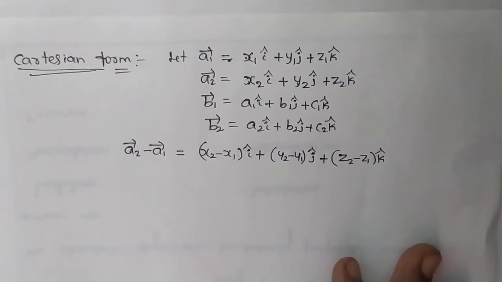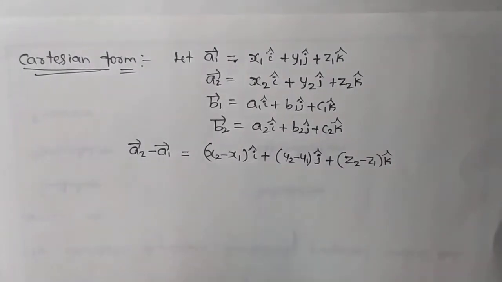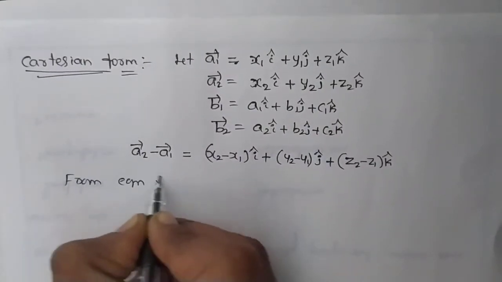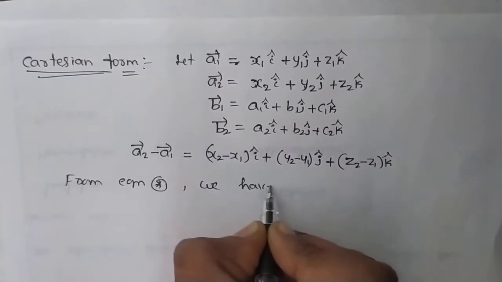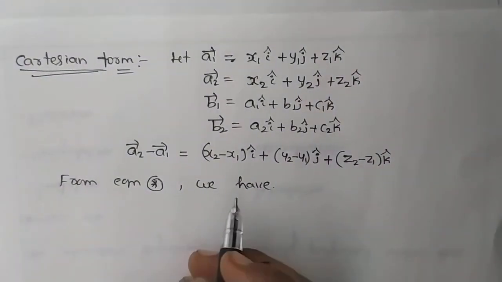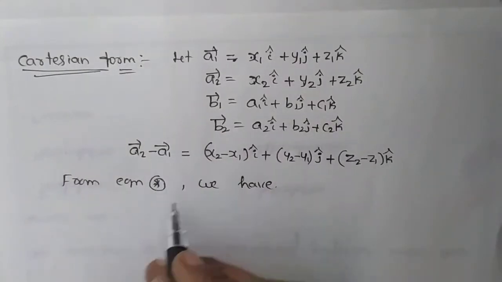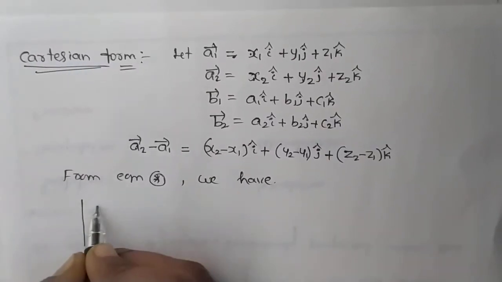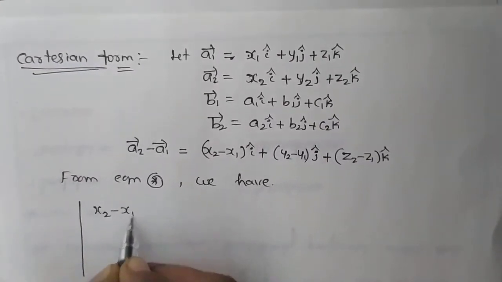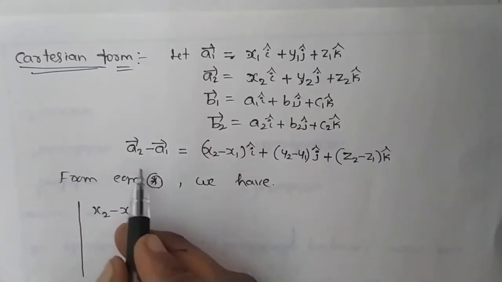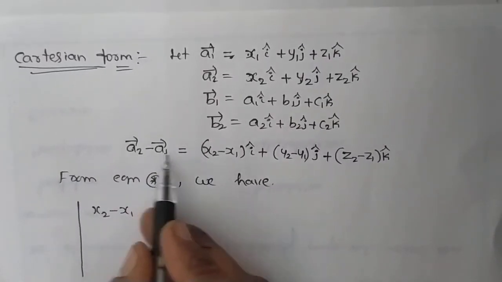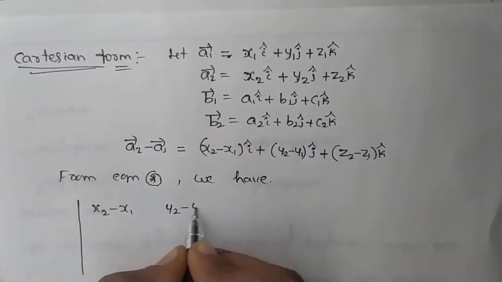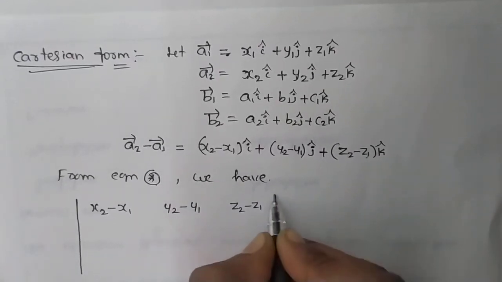Let us substitute a2 minus a1, b1, b2 in equation star. Then we will get the determinant. You just observe the equation star. The first row will have a2 minus a1, that is x2 minus x1, y2 minus y1, z2 minus z1.